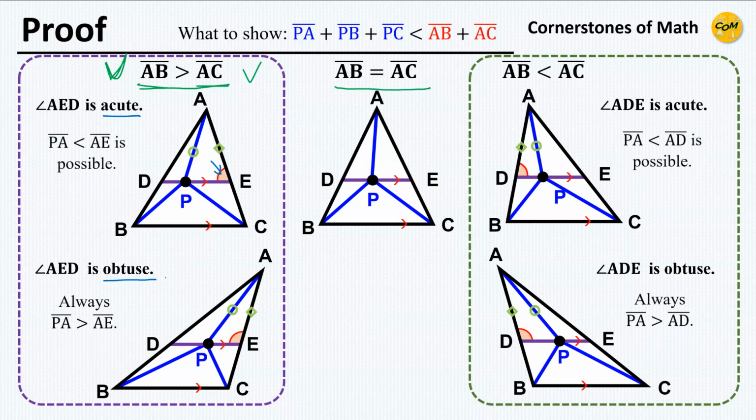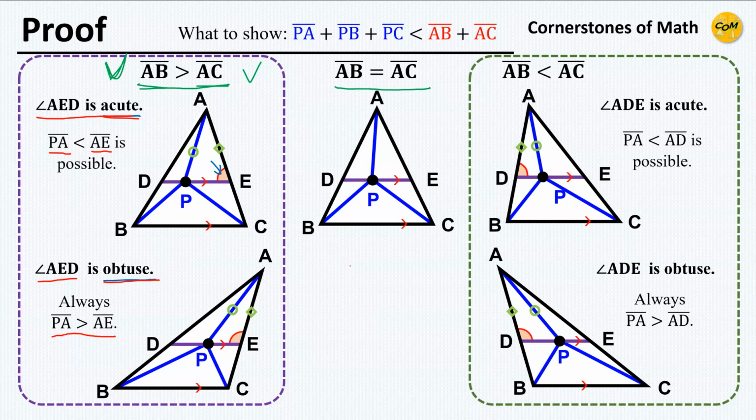And you can notice that a certain angle being acute or obtuse may alter the length relation between certain line segments. For example, in this case where angle AED is obtuse, we always have length PA greater than length AE, but if angle AED is acute, then PA becoming less than AE is possible on some occasions.